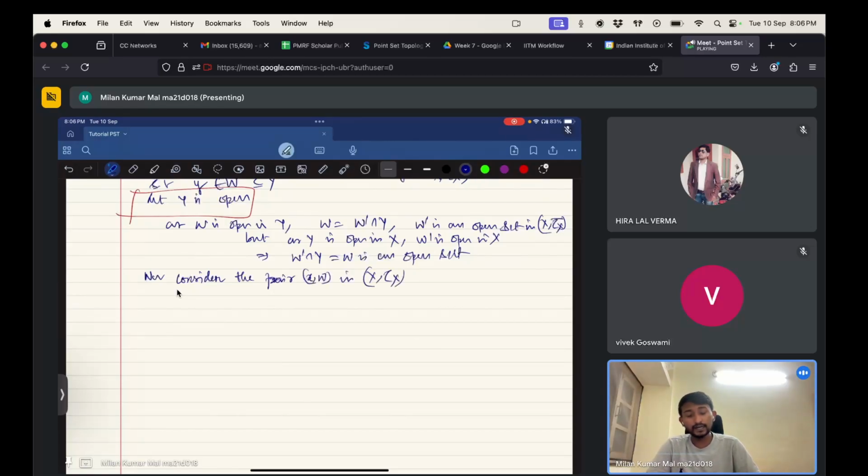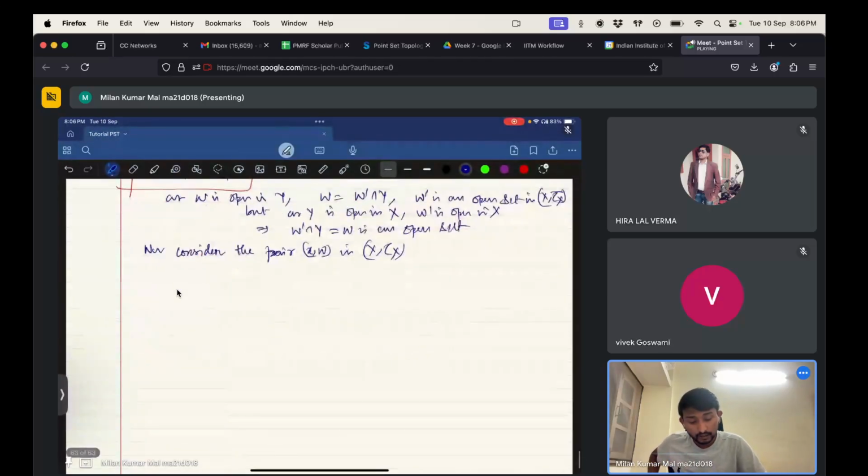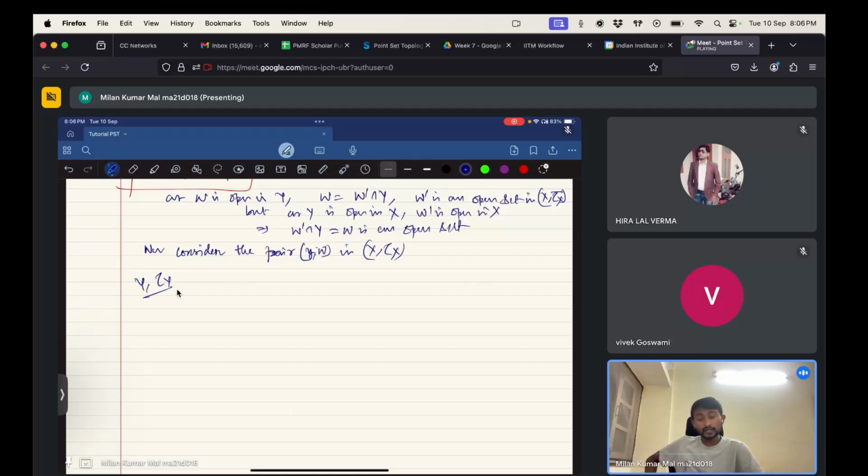The main point is that suppose I want to prove that Y, tau Y is locally compact. That means for every point y belonging to capital Y and W an open set in tau Y, we want to prove that there should exist an open set V in tau Y such that y belongs to V, subset of V closure, subset of W, and V closure is compact.